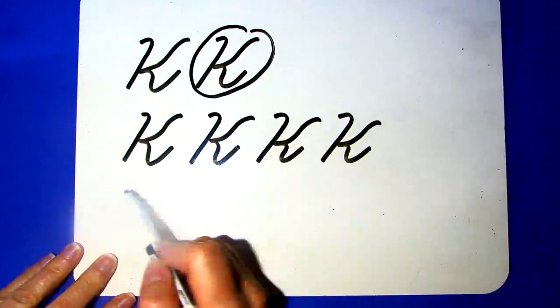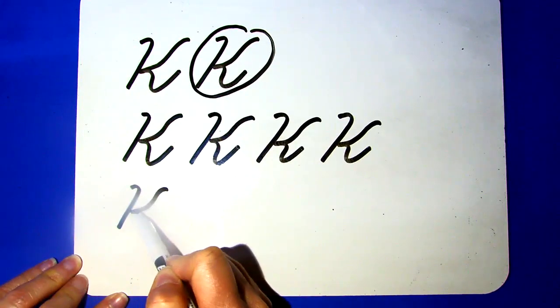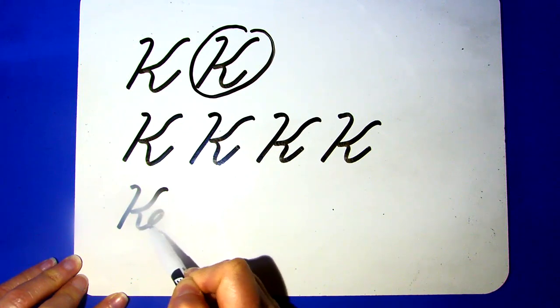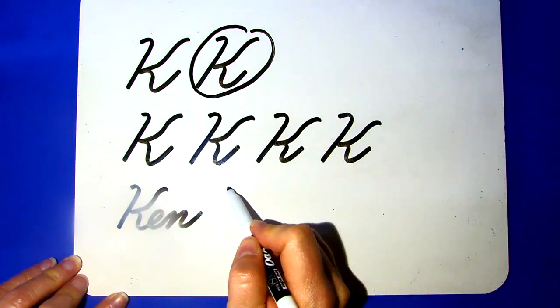I'll write a name and 2 places that start with an uppercase K. Curve forward, pull back. Curve in, out, undercurve. Here's the name, Ken. Here's Kentucky.